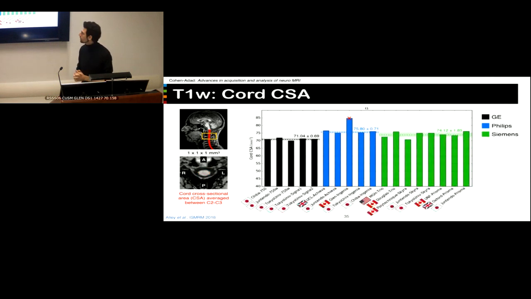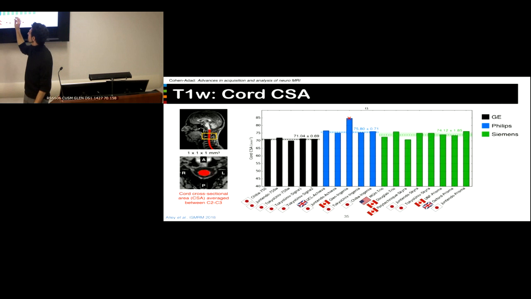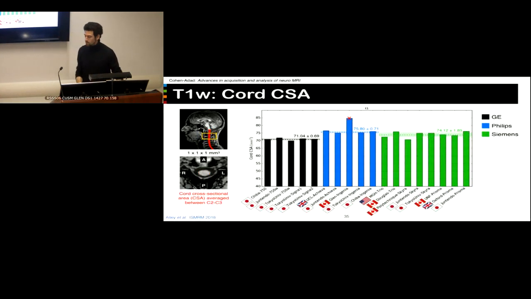So when you look at the resulting cross-sectional area across the different vendors, so you have black, blue, and green, respectively, GE, Philips, and Siemens. First of all, you can see that within center, the standard deviation is less than 1, and 1 represents 1 millimeter square. So what you can see is that the standard deviation is actually better, smaller than a single pixel area. So it's quite a remarkable reproducibility.